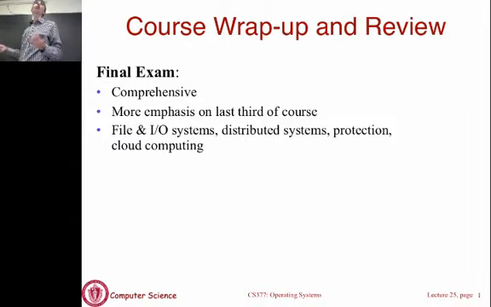The exam is comprehensive: basically anything we've covered is fair game from the entire semester. There will be more emphasis on the last third of the course, topics that were not on the first two exams. Primarily that's file and I/O systems, distributed systems, and the last few topics we've covered, protection and cloud computing. But you should be familiar with all of the material.